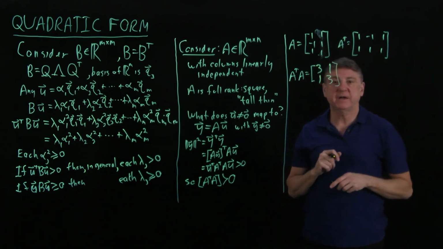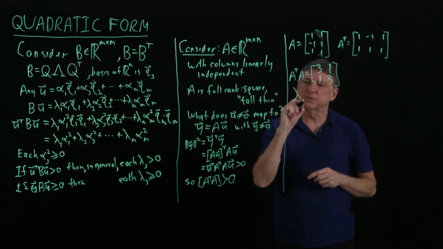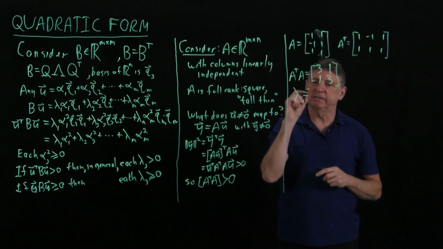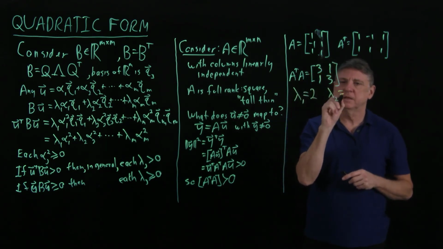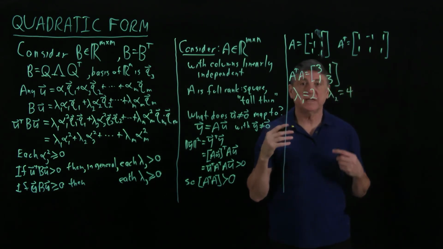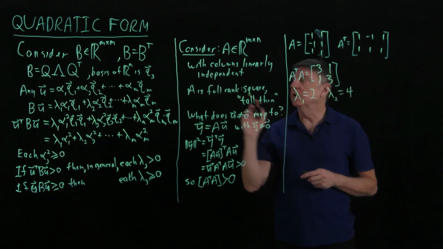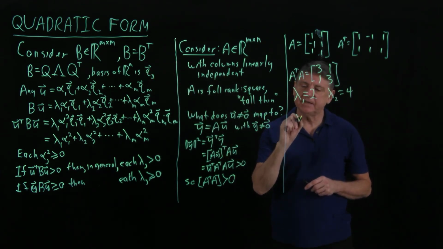We can verify quickly that for this matrix, its first eigenvalue is 2, and its second eigenvalue is 4. And what are the eigenvectors specifically? They had better turn out to be an orthonormal basis, and indeed they are.